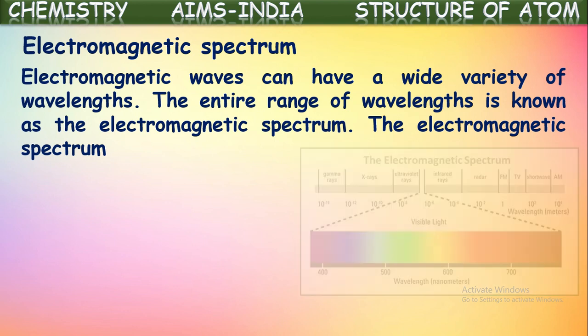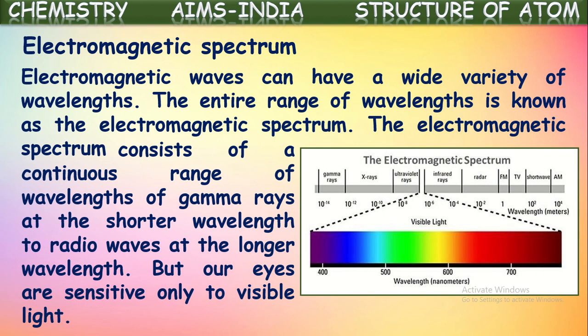The electromagnetic spectrum consists of a continuous range of wavelengths, from gamma rays at the shorter wavelength to radio waves at the longer wavelength. But our eyes are sensitive only to visible light. See here, they have shown the electromagnetic spectrum in which the different electromagnetic waves are written in a series, either in decreasing order of frequency or increasing order of wavelength.